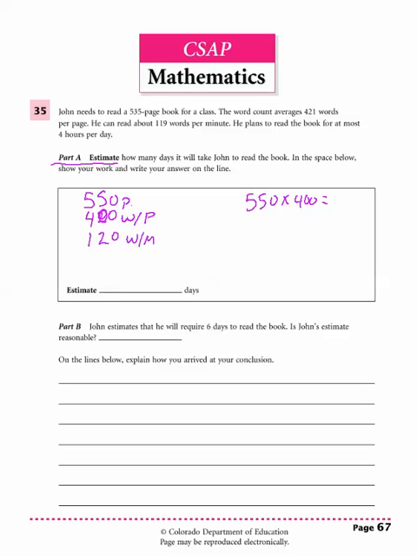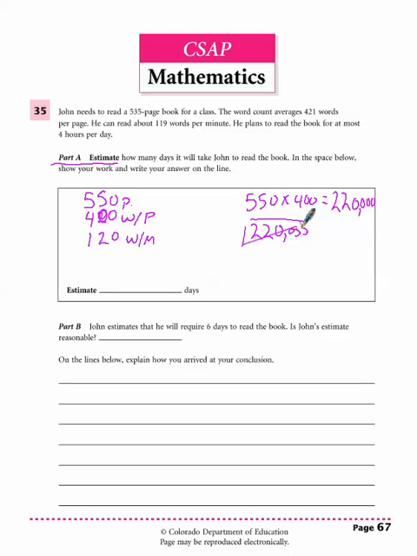You have to actually give us a number. So we're going to have 2, 2, 0, 0, 0, 0. So that's 220,000 words in this book, give or take a couple hundred words. Then I need to figure out how many minutes this is going to take. So how do I do that? Well, I'm going to have to take my 220,000.